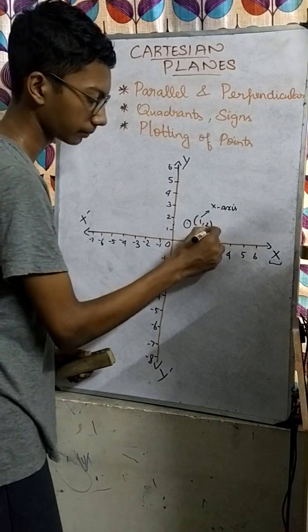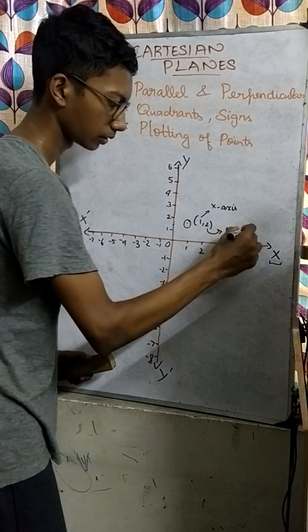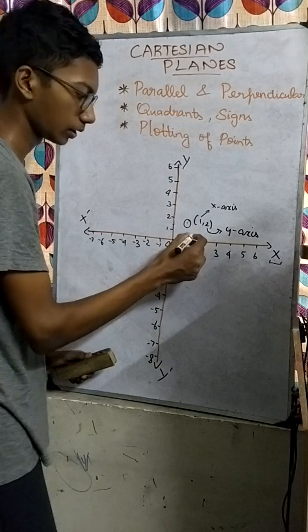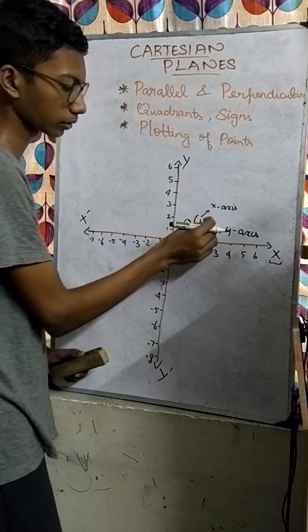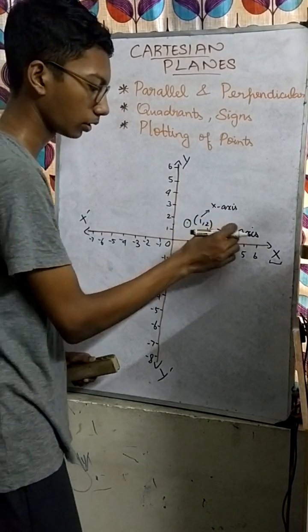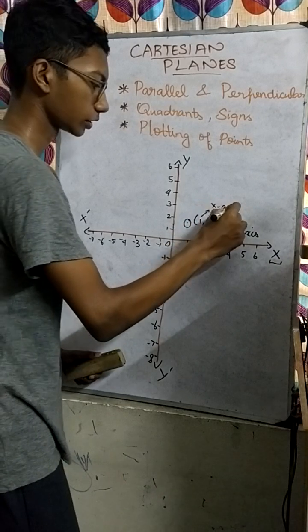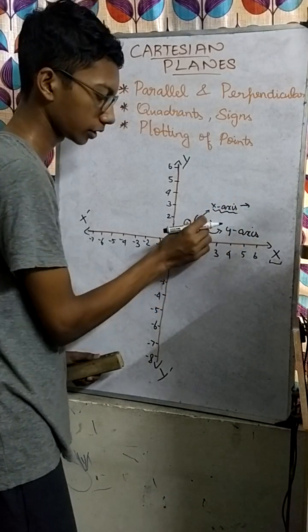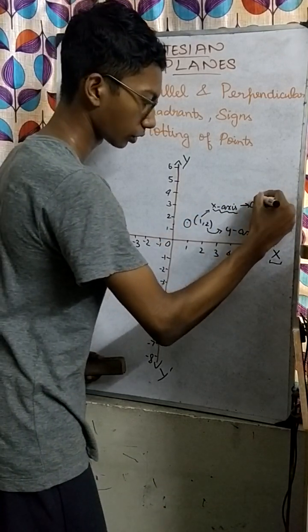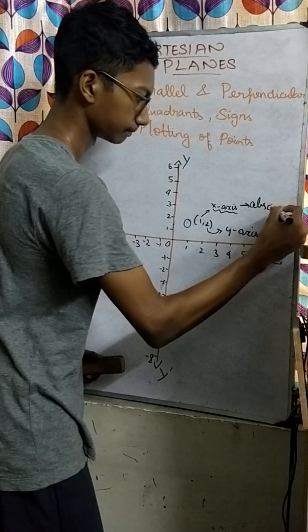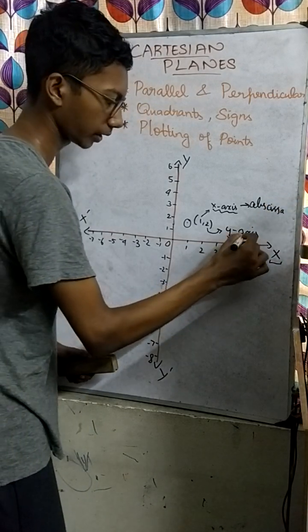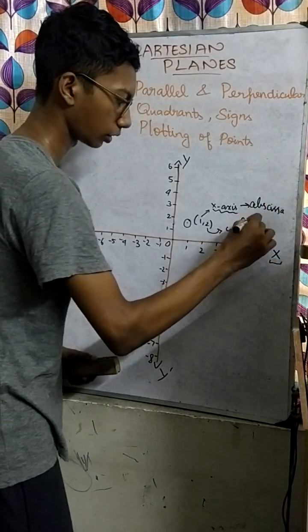And the second number is the number on the y-axis. Now, we cannot call this the x-axis number or the y-axis number. There is a special name for that. The first number is called the abscissa. And the y-axis number is called the ordinate.